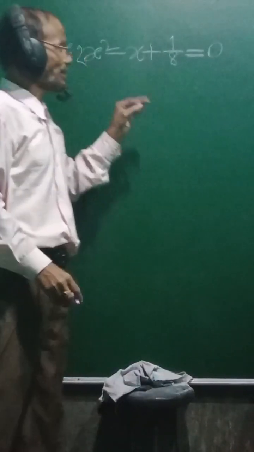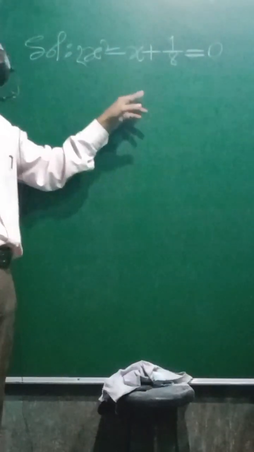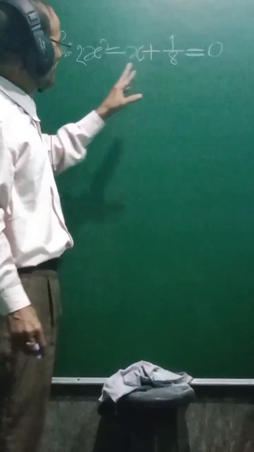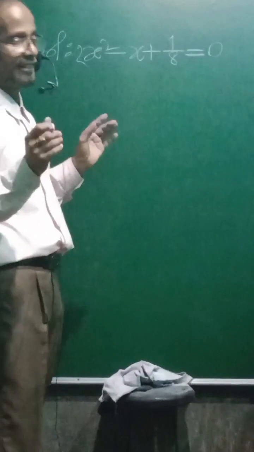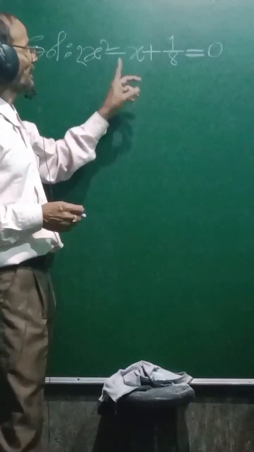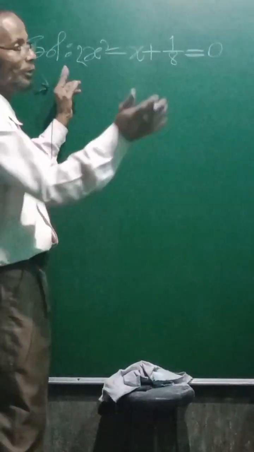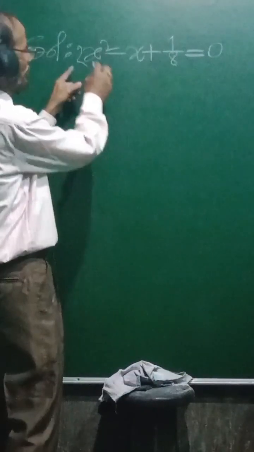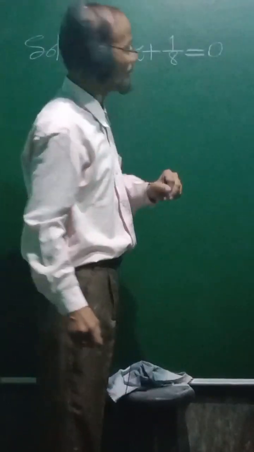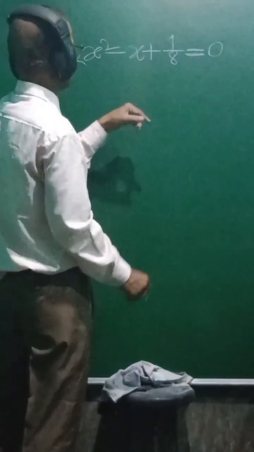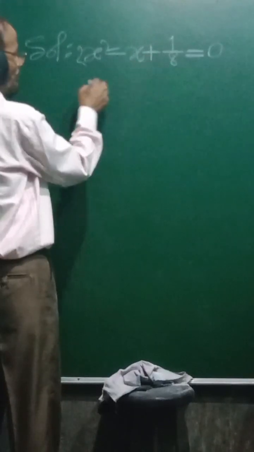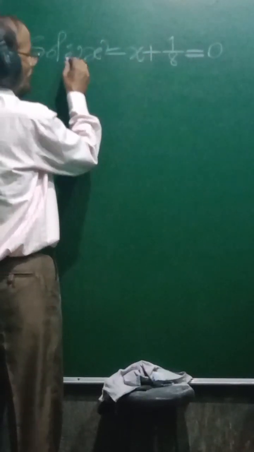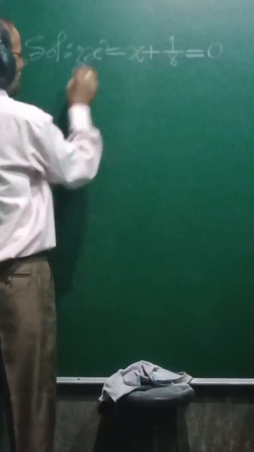Already you know the factorization method of a quadratic polynomial: factorizing the middle term into 2 parts such that the sum of them again becomes this, and the product will be equal to the coefficient of x square times the constant term. Here 2 into 1 by 8 is equal to 1 by 4, which is again difficult to factorize. So in this case, first of all, we have to convert it to integer numbers.